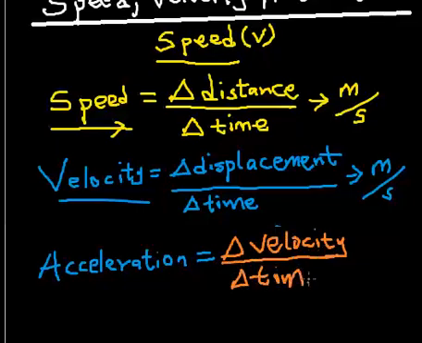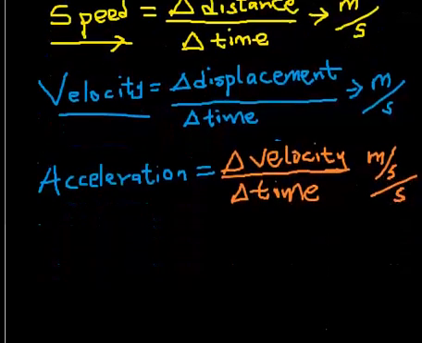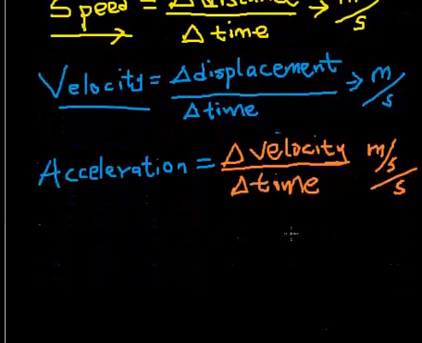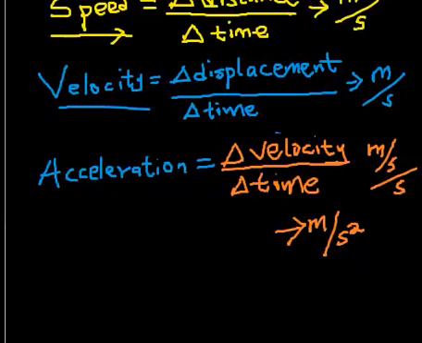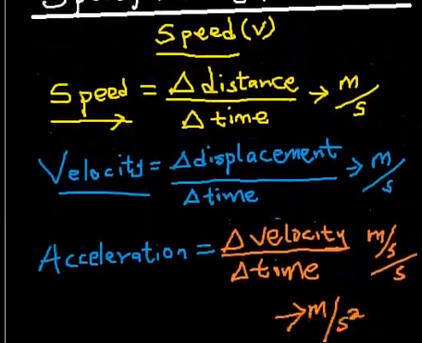We already know that velocity is measured in meters per second, then divided by time again, another second. So the SI unit of acceleration is meter per second square. Please take note of that.